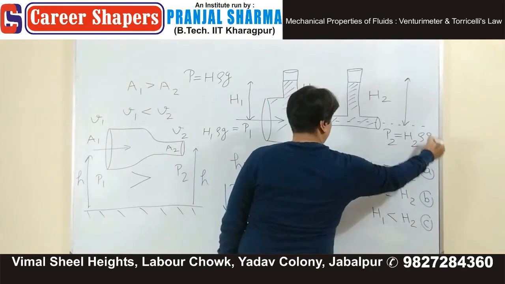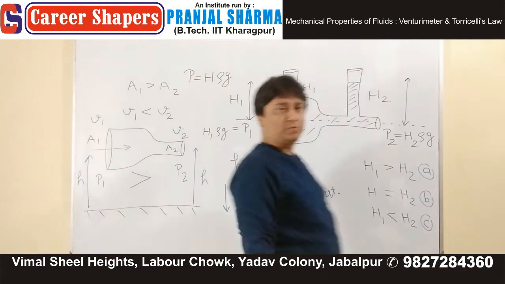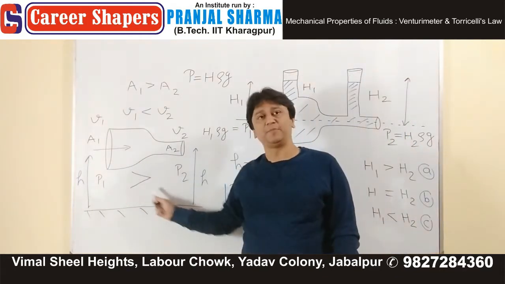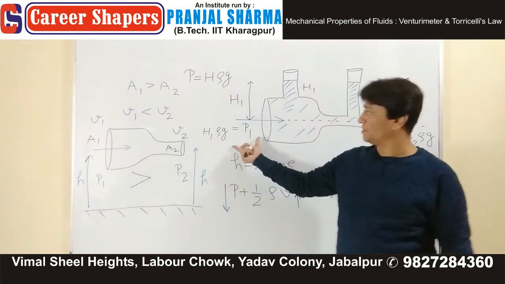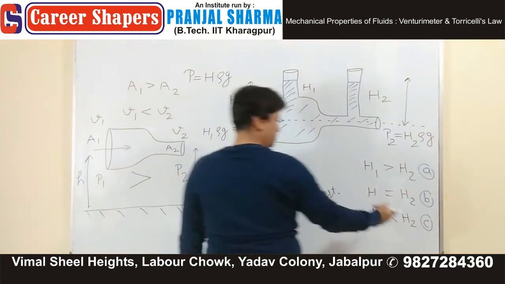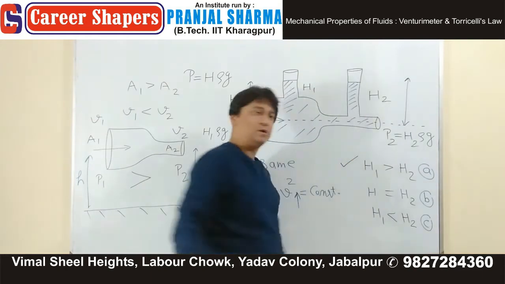H2 rho G. We already know the relation between P1 and P2. P2 is less than P1. That means H2 is less than H1.